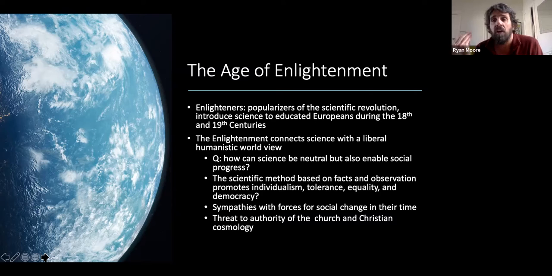In other words, if we reorganize society according to scientific principles, according to ideas of reason and rationality, rather than the church and its doctrines and its superstitions and all this kind of thing, then we can have a better world. That social progress will come about if we just start reorganizing society according to the principles of science and reason.